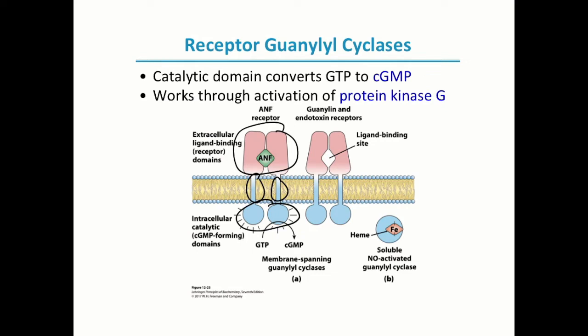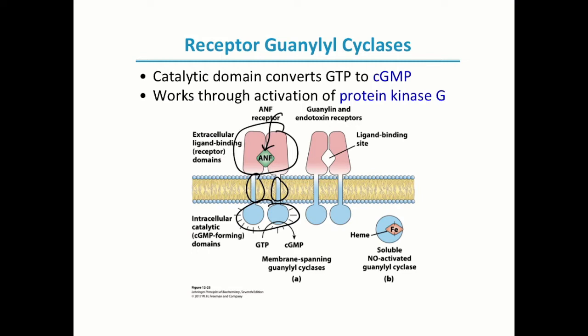The type of ligand that this might receive is ANF, which stands for atrial natriuretic factor, which is released by cells in the cardiac atrium when the heart is stretched by increased blood volume. Carried in the blood to the kidney, ANF activates guanylyl cyclase in cells of the collecting ducts.